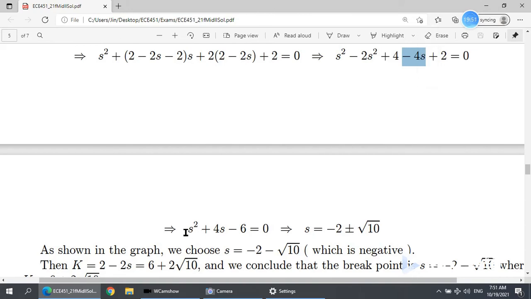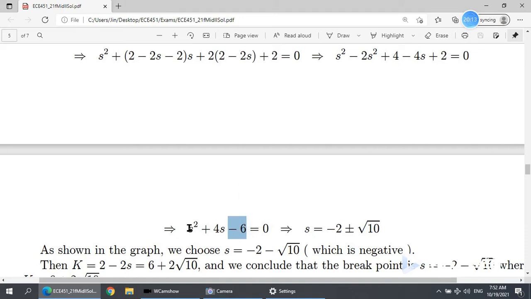I prefer the sign of s squared to be positive, so I change the sign. This negative s squared I write as s squared, this negative 4s I write as a positive 4s. This 4 plus 2 is a positive 6, and I put it as negative 6.